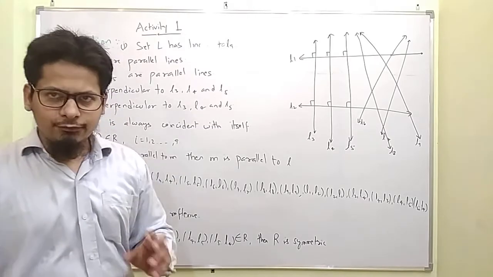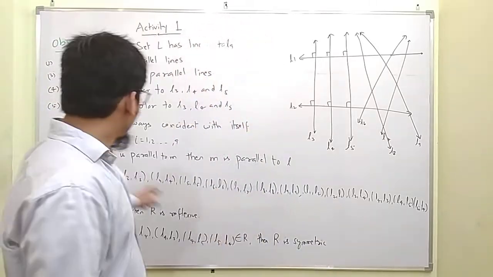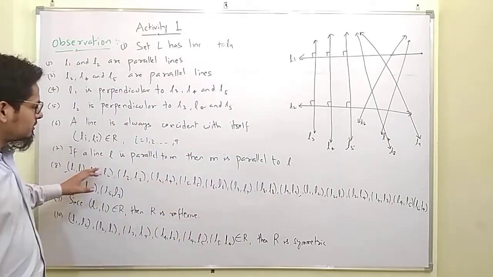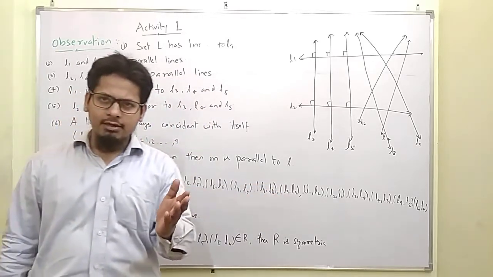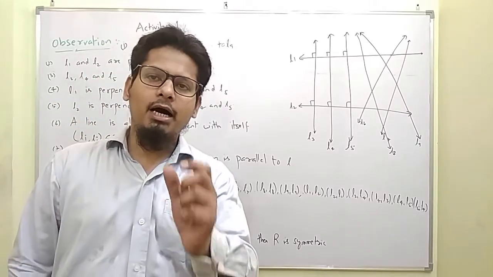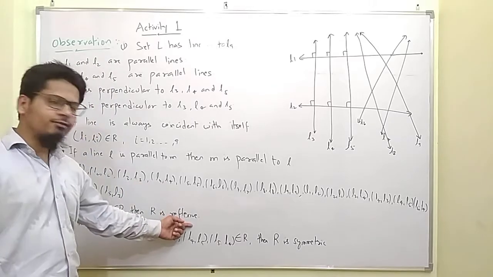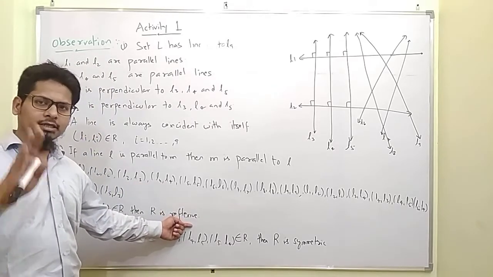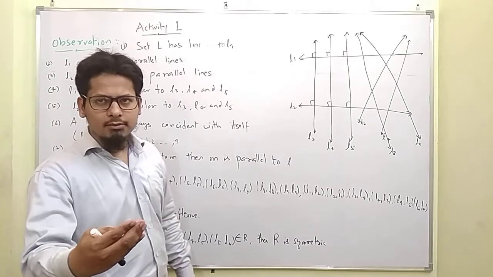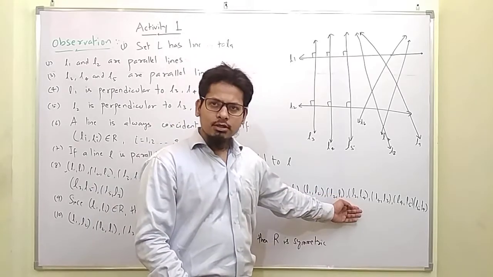Means if you take A and A, from line 1 to 9, any line in the form A comma A, then we say R is reflexive. Okay, class, this is finished. Relation R is reflexive. Now I will explain symmetry, which is already explained here.